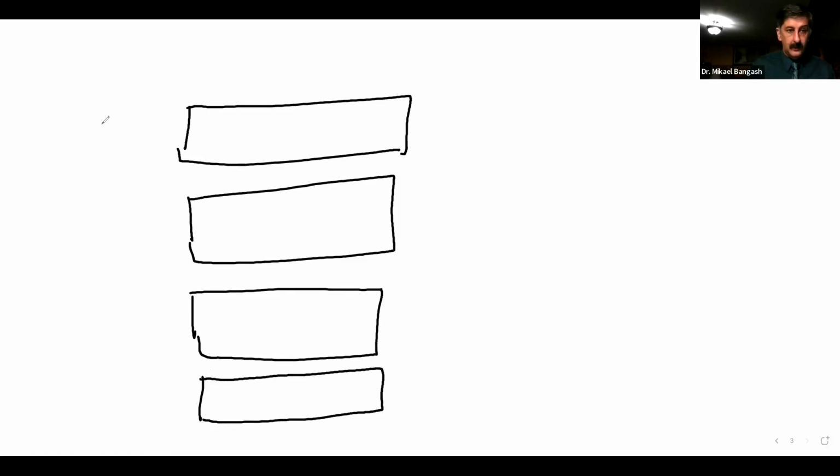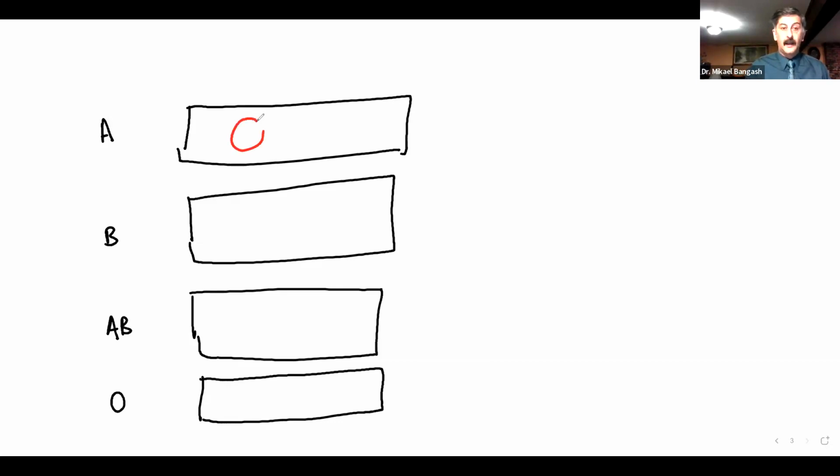You might be labeled as blood group A, blood group B, blood group AB, or blood group O. Clear? Now, what they mainly do is take a glass slide and place 2 drops of blood on it.